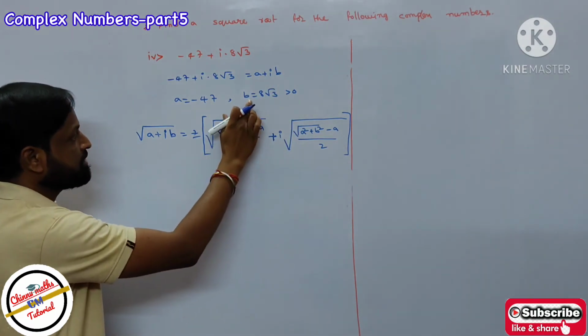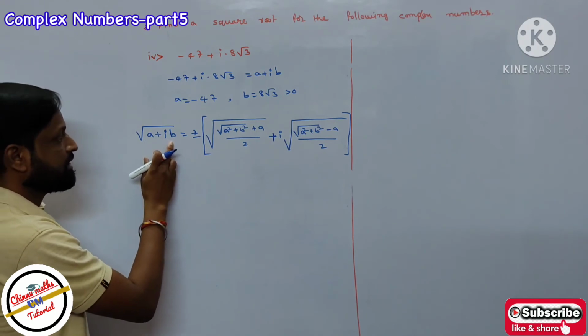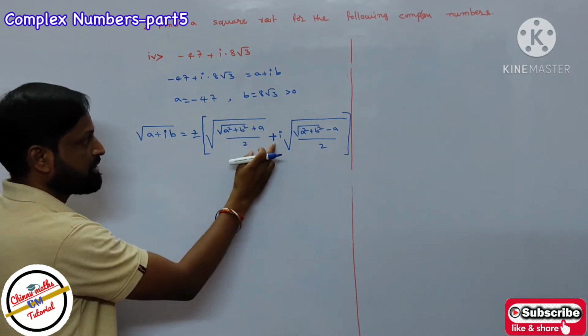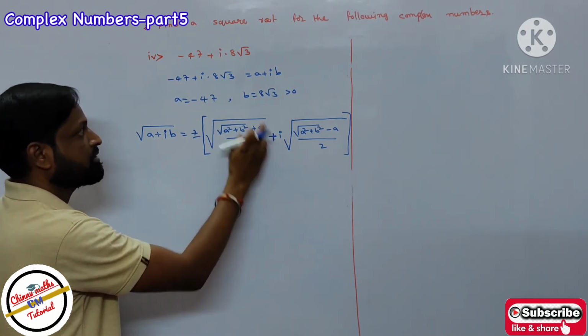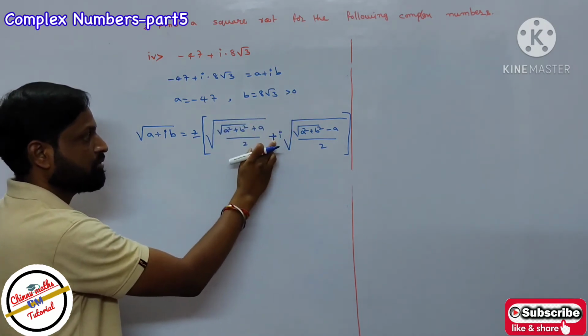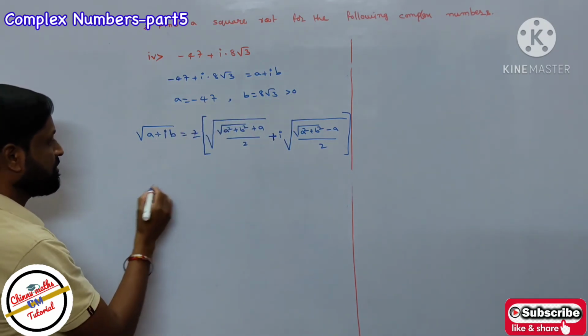So b greater than 0 means the root of a plus ib is taken as plus or minus root value, and here you have to take plus. Why? Because b is greater than 0, that means you have to take plus here. Then substitute the a, b values.